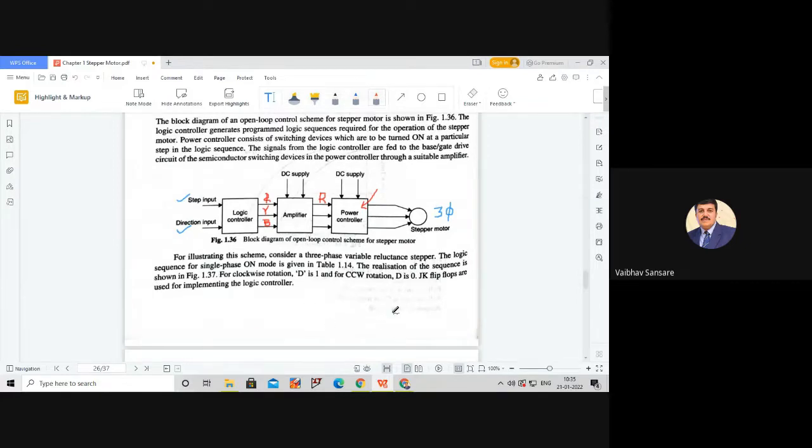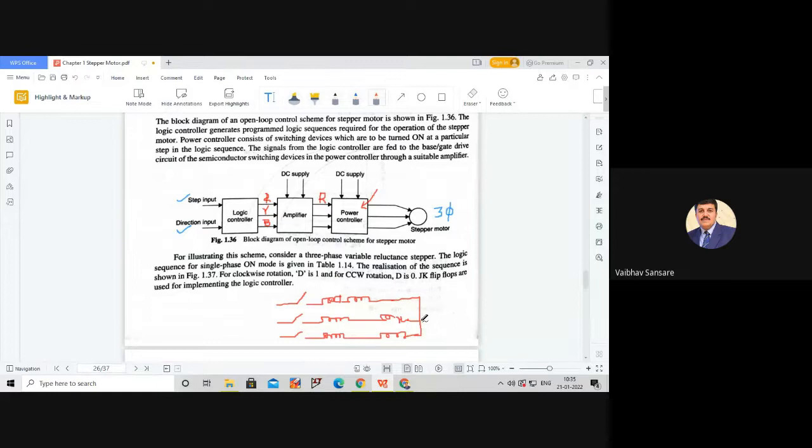If we simply draw the general schematic diagram for this motor, then this is the R phase, this is the Y phase, and the third phase is the B phase. I think you are familiar with this switching circuit. We have discussed this switching circuit in the variable reluctance stepper motor.